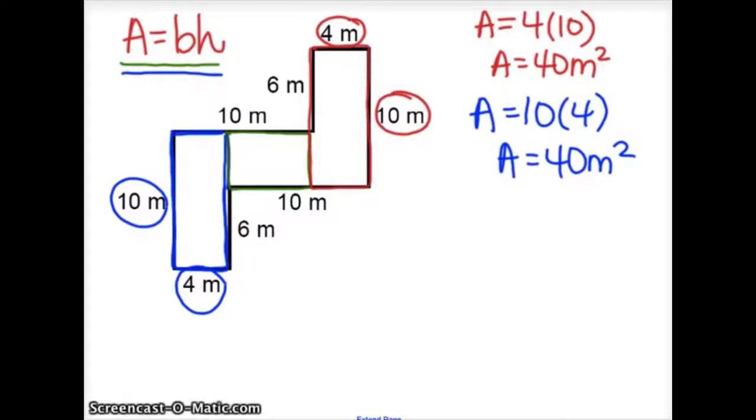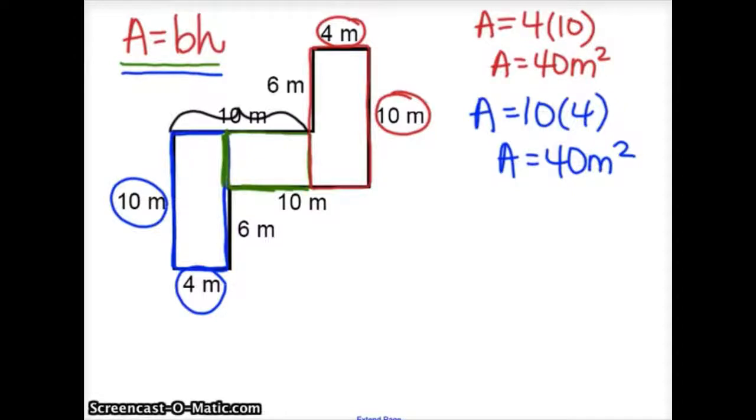And then my green one in the middle, I need to figure out what the length of this side and also the height of it. So if I have this number, which is 10, but that 10 represents the entire side of that irregular shape. So it is talking about this entire side.